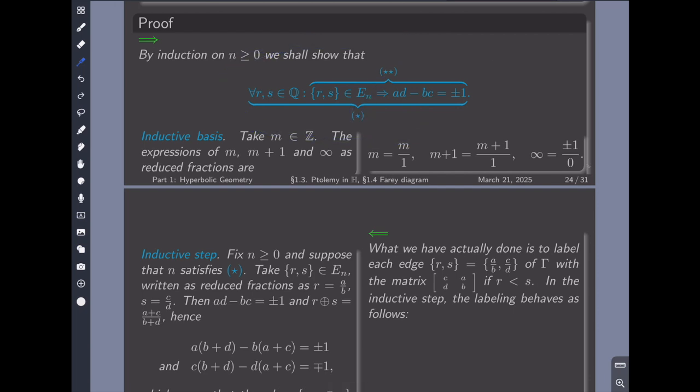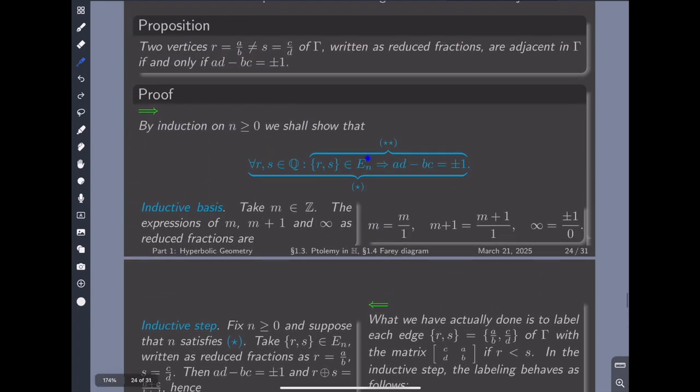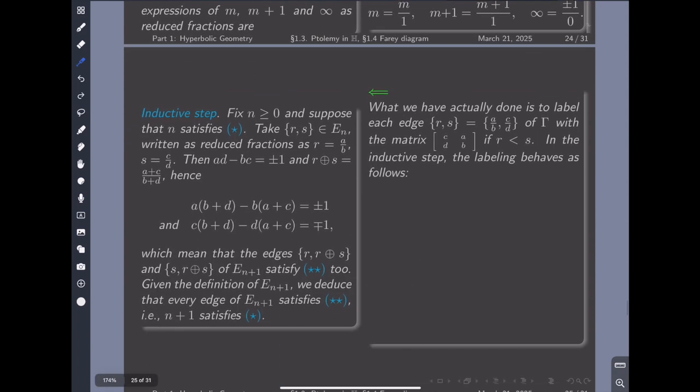For E n plus 1, my two rational numbers are adjacent if and only if either they were adjacent already in En, or they were not adjacent, which means that their adjacency comes from one of them being the naive addition of two things that were adjacent before. So that's what I express.